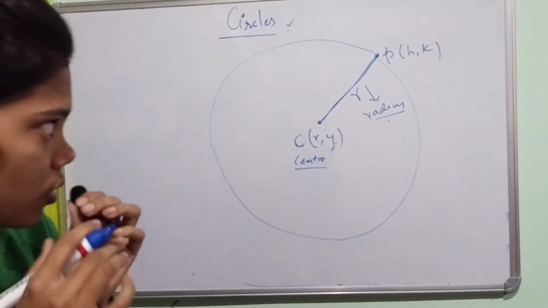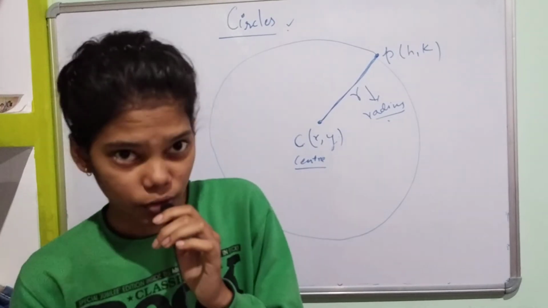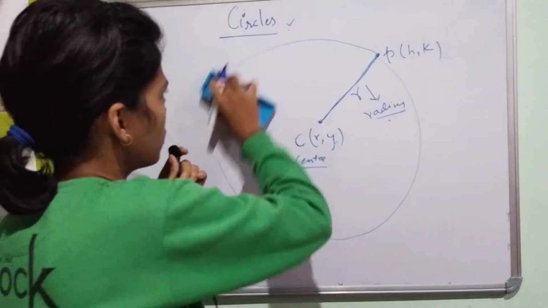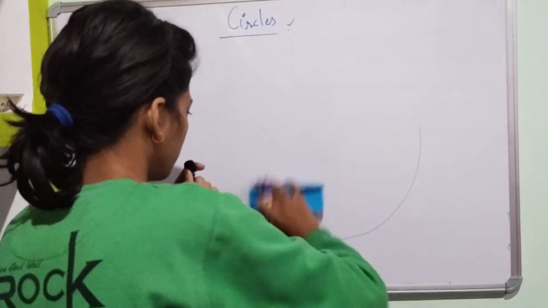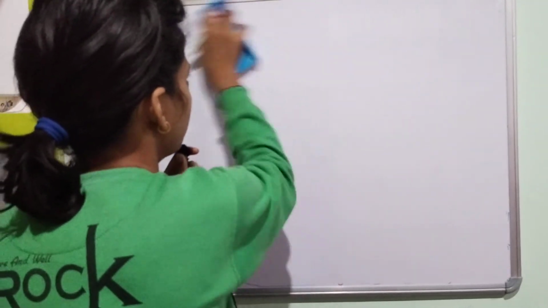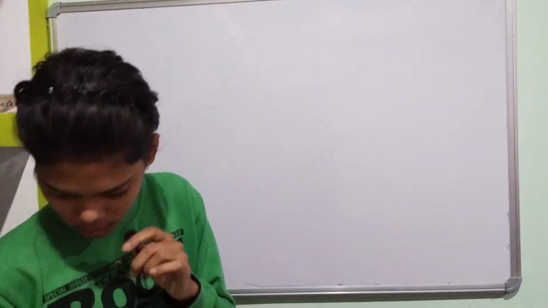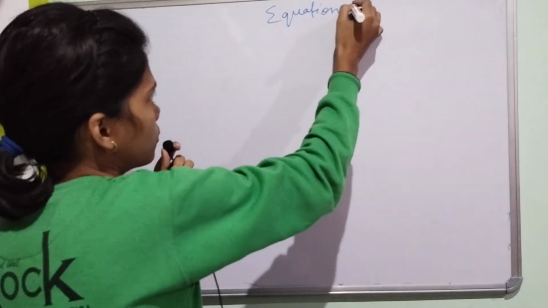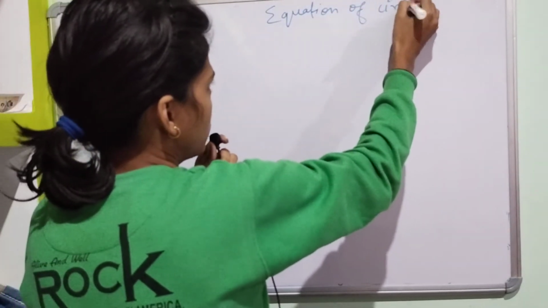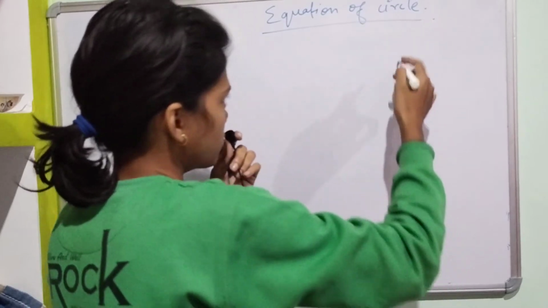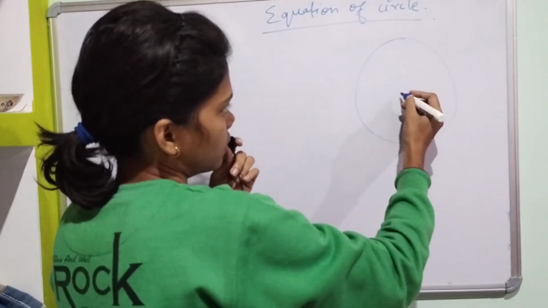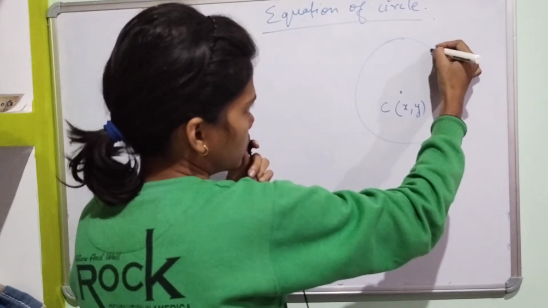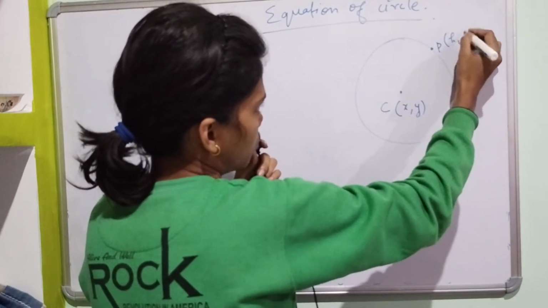Okay, so now from where the equation of circle has come into emergence. Okay, let's see. Equation of circle. Suppose this is a circle, this is a center which is, let's suppose, x comma y, and suppose here it is a point p h comma k.